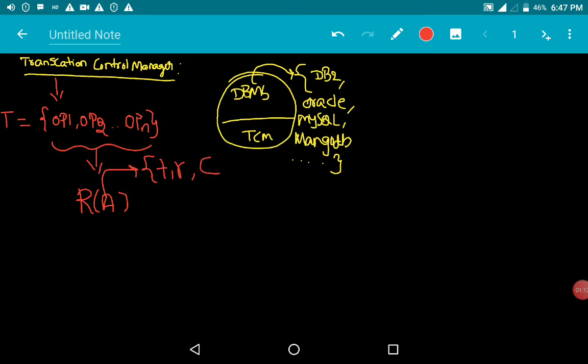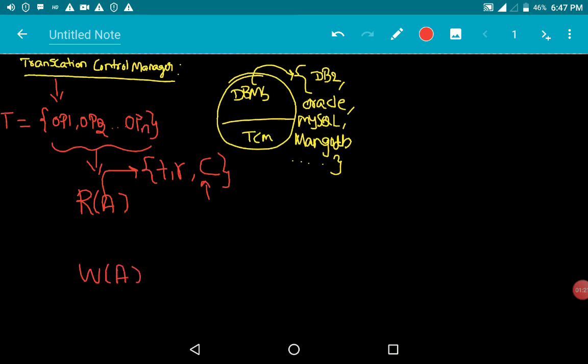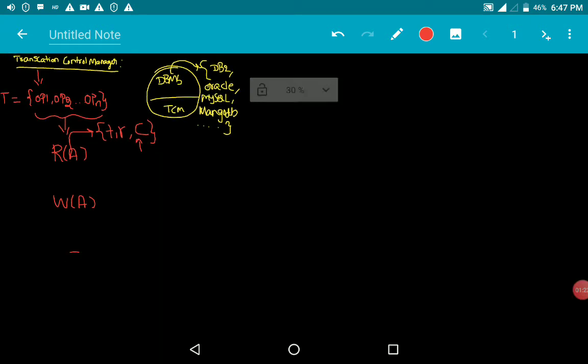For simplicity, I will take A as a column, and write A, and commit and rollback. These read, write, commit, rollback are the shorthand notation of database operations.